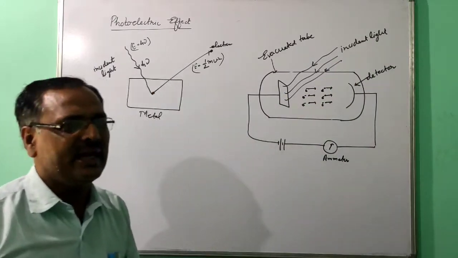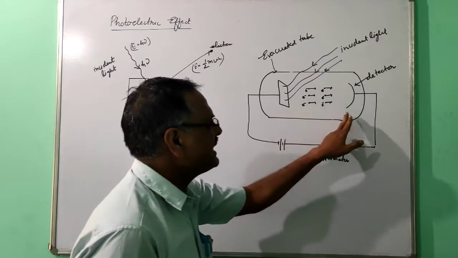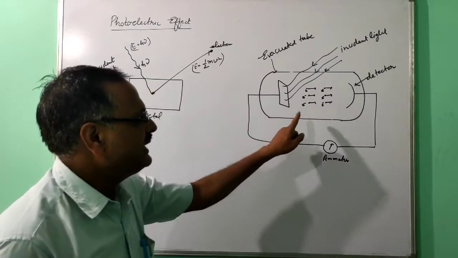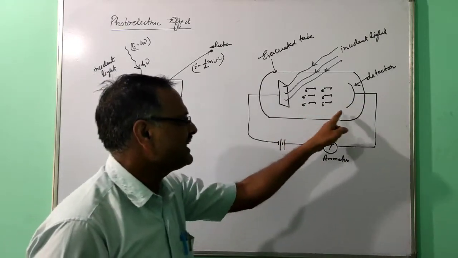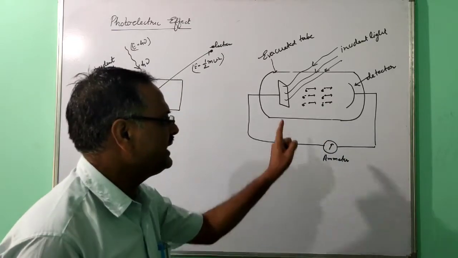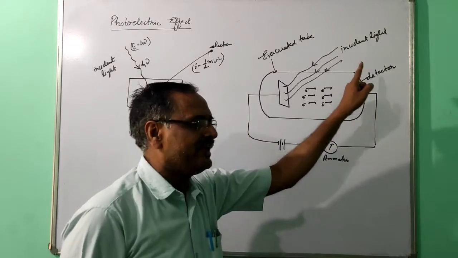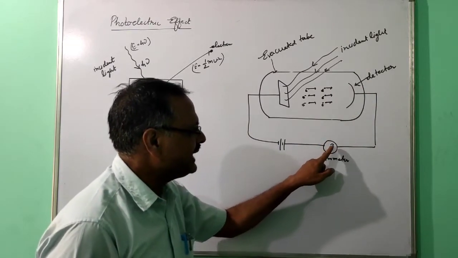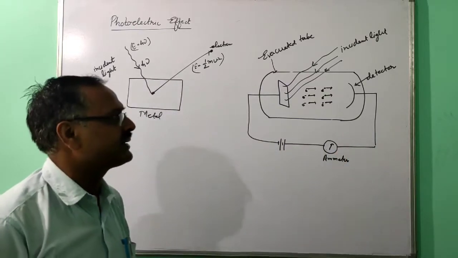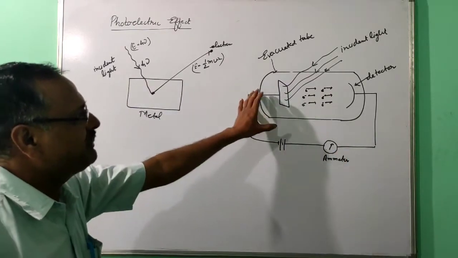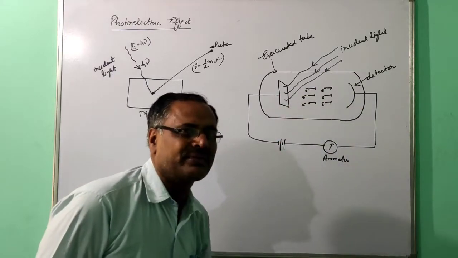When the incident light falls on the metal, we observe that electrons are coming. Here a detector is there to catch the electrons. Now the circuit is complete. So when the electrons come this way, current will flow that way. In the emitter, a deflection is there on that side, which shows the direction of flow of current. So by this experiment it is also clear that electrons are coming from the metal surface.